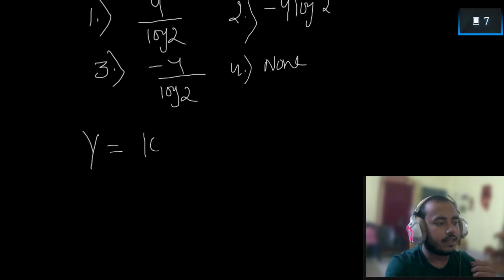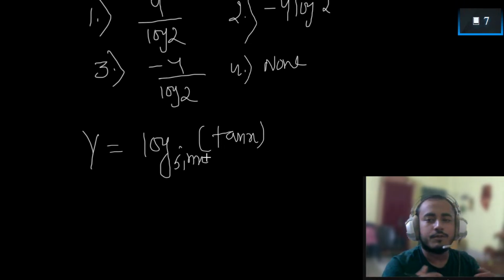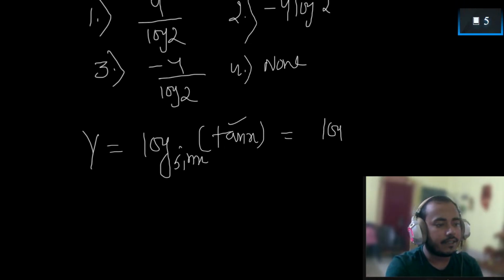So y is basically log of tan x and the base is sin x, right? Now we know about logarithms with multiple bases and normal bases. We can write this as log of tan x by log of sin x.